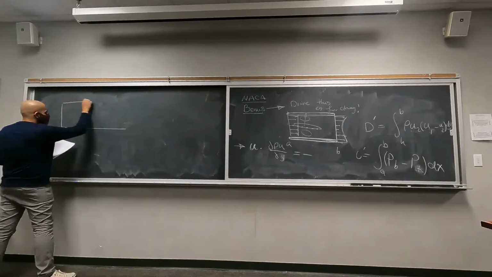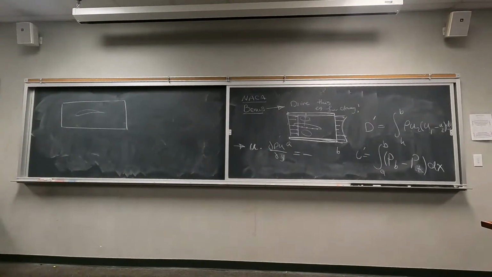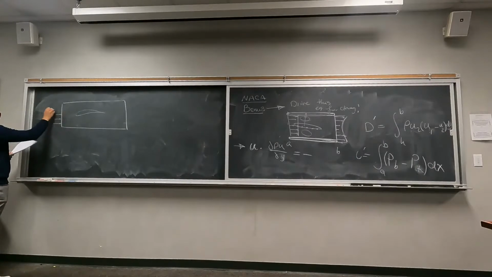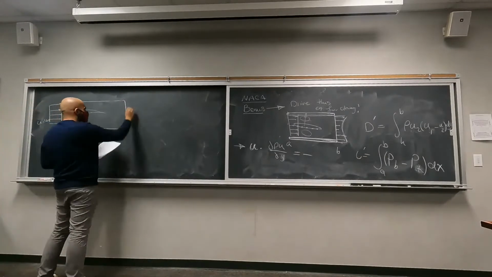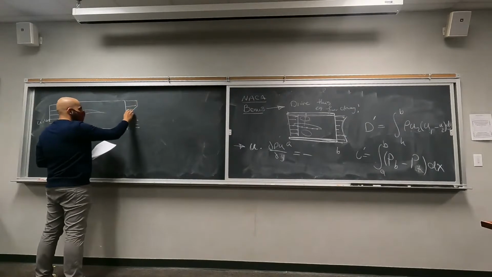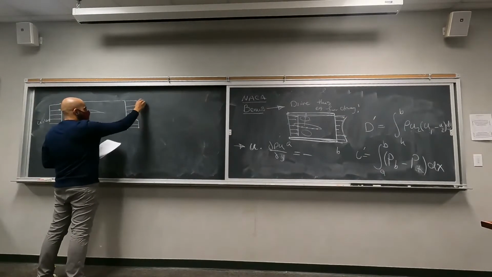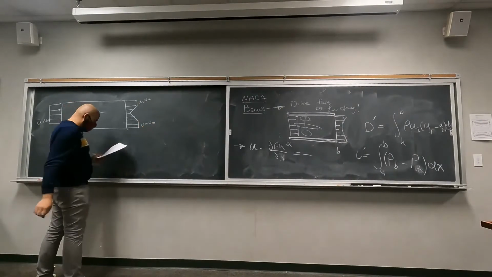So we have this wind tunnel. You have an airfoil that is placed here. We have the velocity distribution in front, u equals u infinity. And we have the velocity distribution at the back. You have u equals u infinity here, u equals u infinity here.